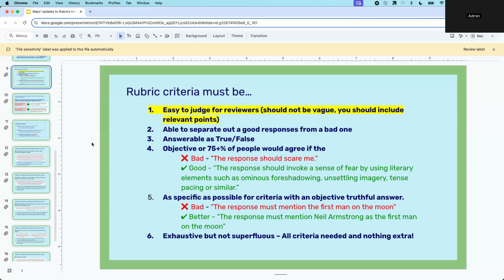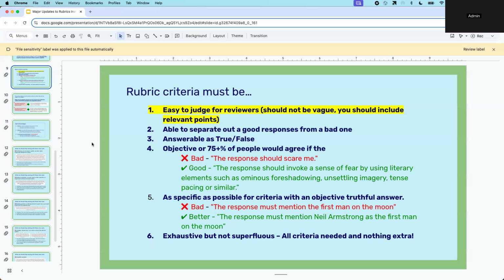So that actually leads to the next point as well, which is including specificity in your criteria as a means towards getting to objective truth. Similar to the above point, you need to be specific, so you should avoid criteria such as, the response must mention the first man on the moon.